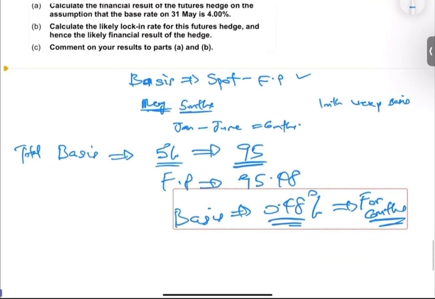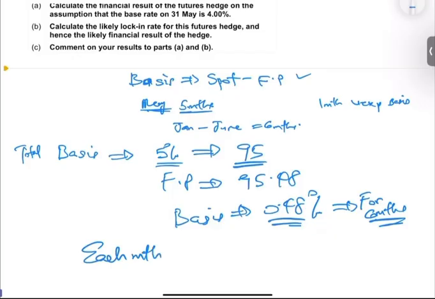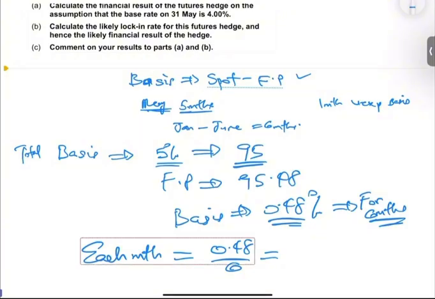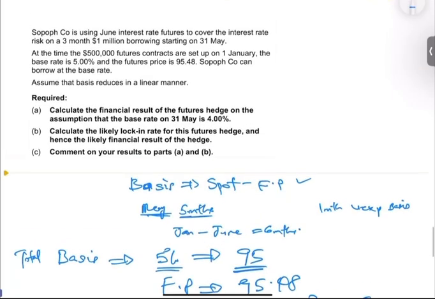So each month we expect a basis of 0.48 divided by 6. That's 0.08%. So if that happens every month, by the time this is closing in May.